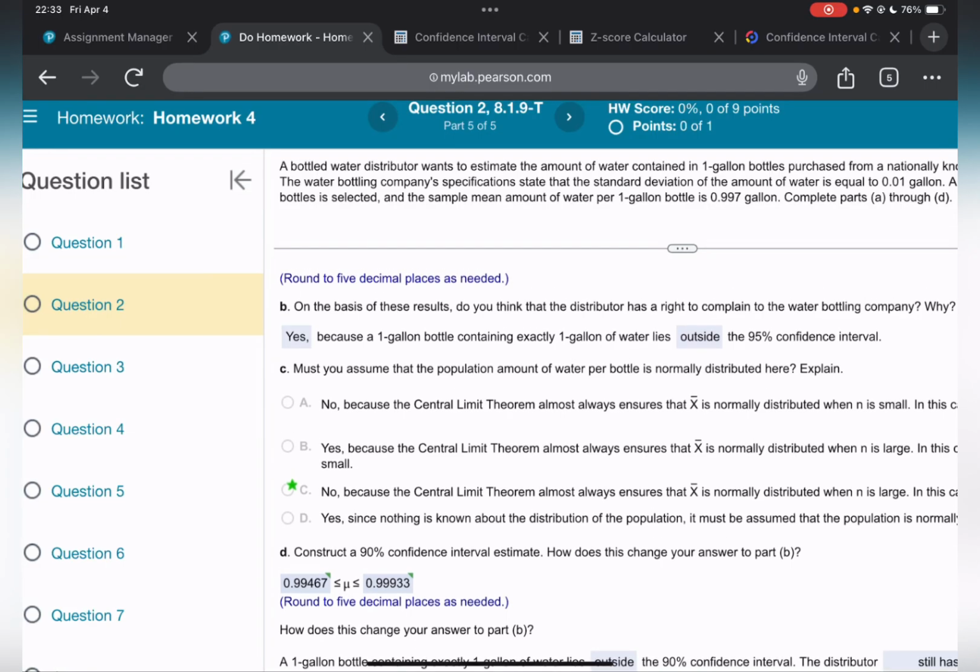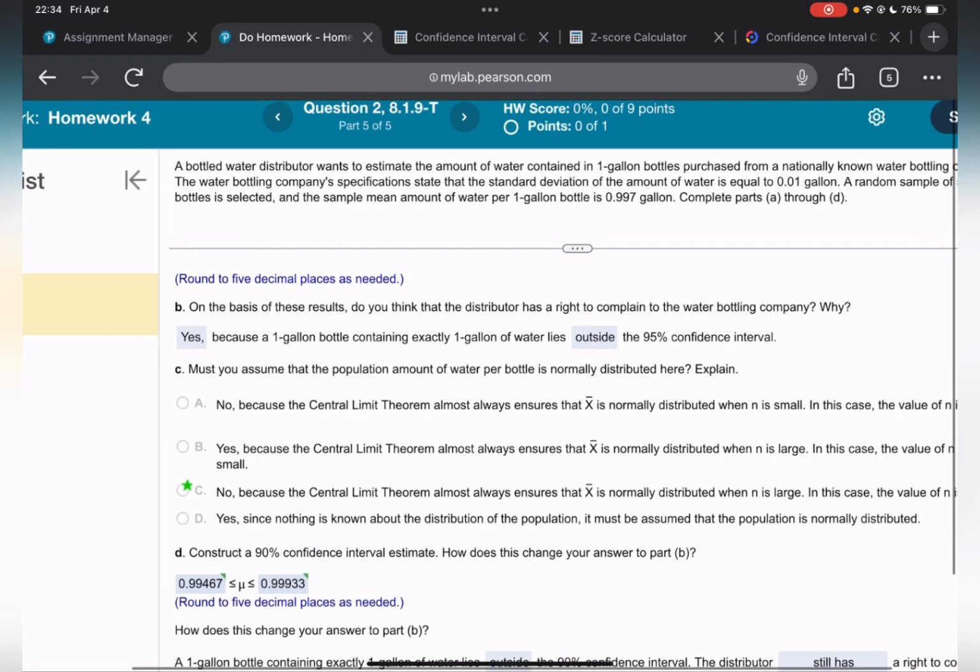Next, C. Must you assume that the population amount of water per bottle is normally distributed? Yes, because we are doing this for normal distribution. Well, the answer here is a silly way.